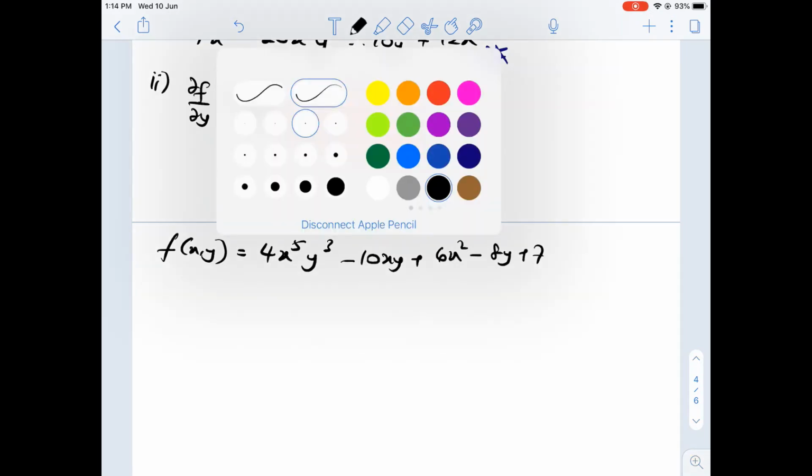Now we want to differentiate this with respect to y, right?